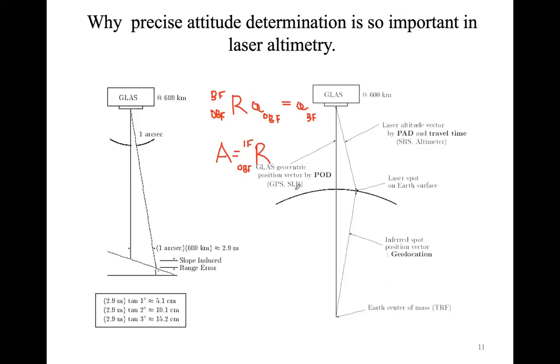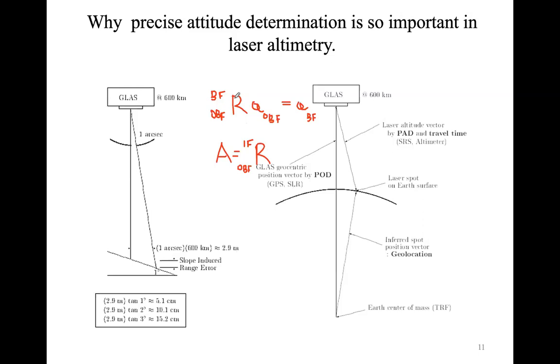So this is basically our major goal. And we can do that because we assumed, for example, that the rotation matrix from the OBF, the optical bench frame, to the body frame is well known.